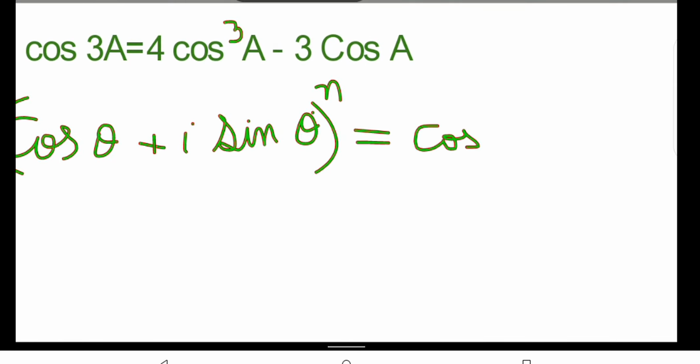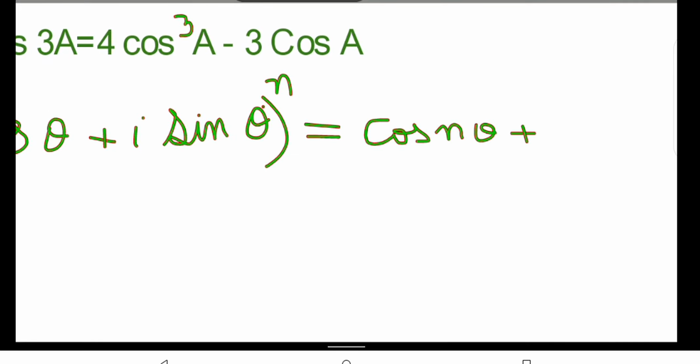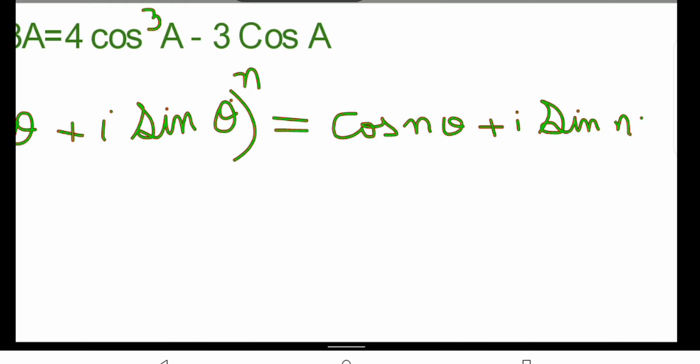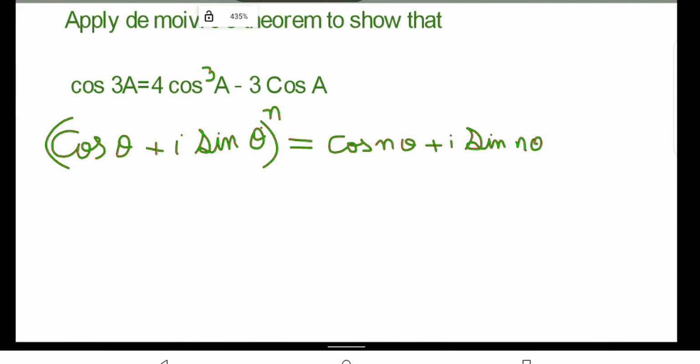cos n theta plus i sin n theta. So we have the identity (cos theta plus i sin theta) whole thing to the power n equal to cos n theta plus i sin n theta.